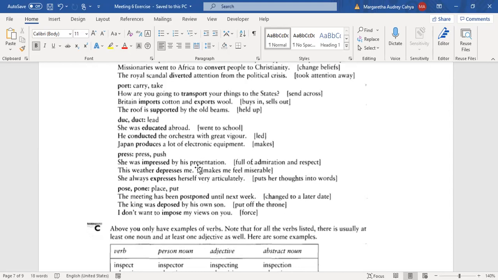Jadi expresses. Jadinya dia kan selalu mengeluarkan perasaannya gitu. Puts her thought into words. Selalu berusaha, dia mengusahakan dirinya sendiri. Well, that's a stretch, right? Kayak terlalu dipaksakan begitu untuk relate-nya dengan press or push.